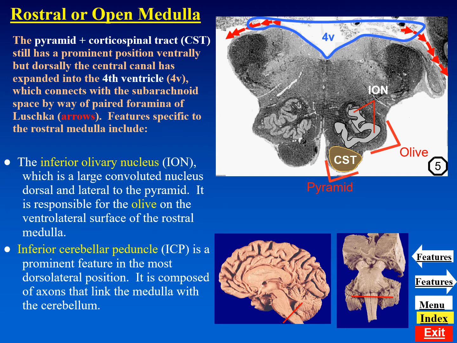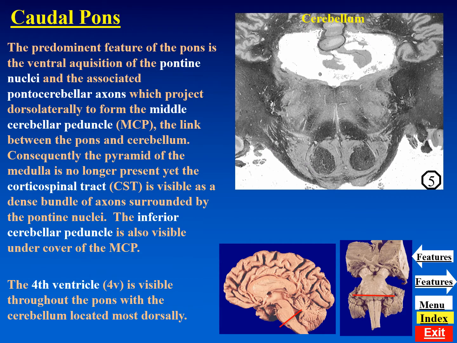Dorsolaterally, we see another prominent collection of nerve fibers, the inferior cerebellar peduncle. These are the 2 peduncles, one on each side, that carry information from the medulla to the cerebellum and receive some information from the cerebellum.